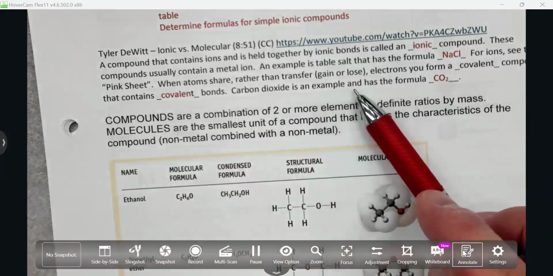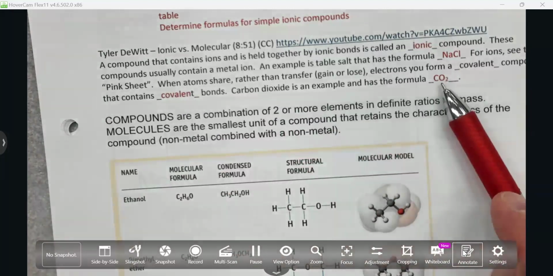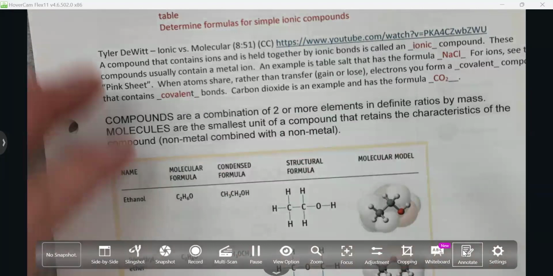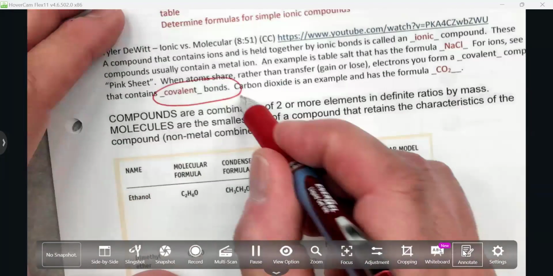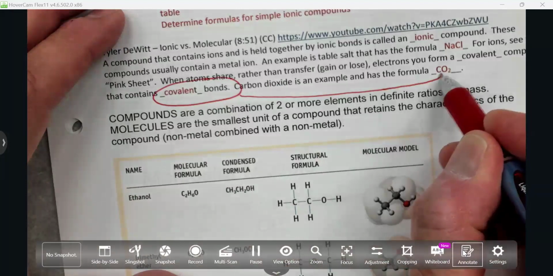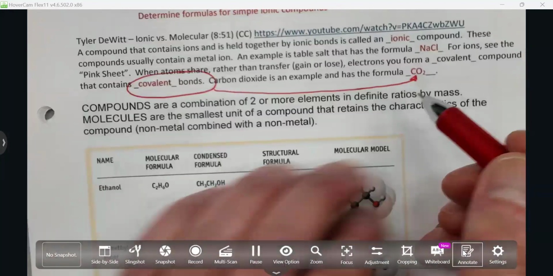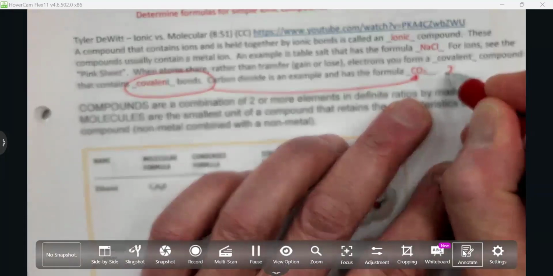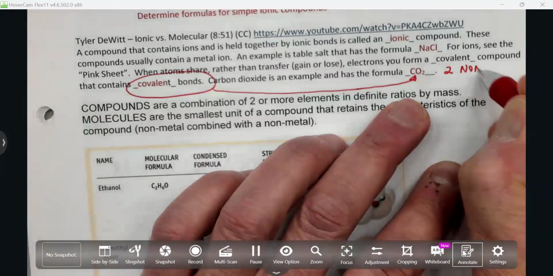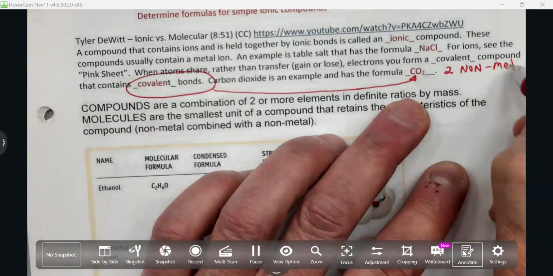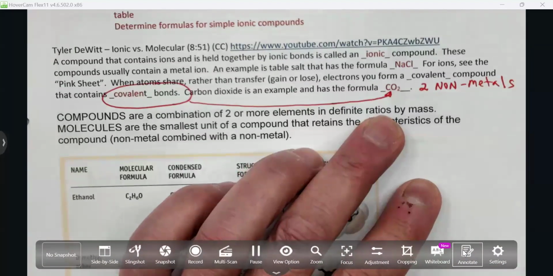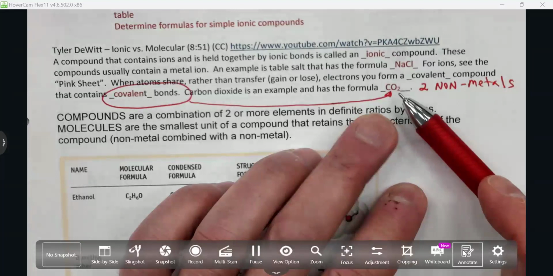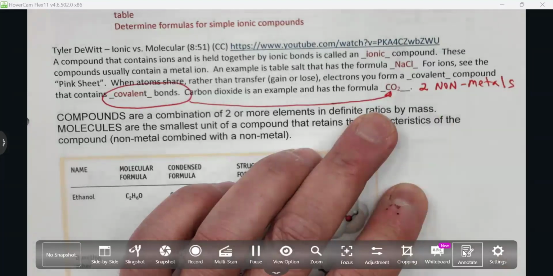Carbon dioxide is an example with the formula CO2. So, covalent bonds, think of this. What do you end up with? You have two non-metals bonded. Carbon dioxide, carbon monoxide.